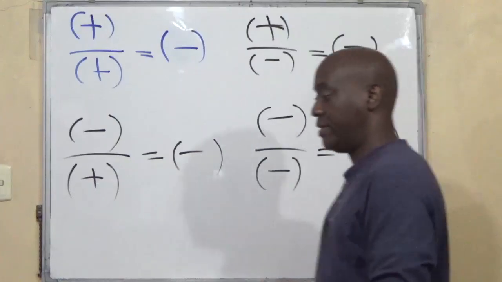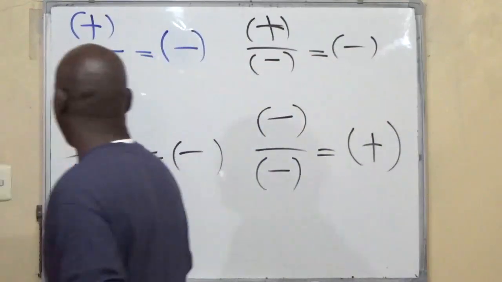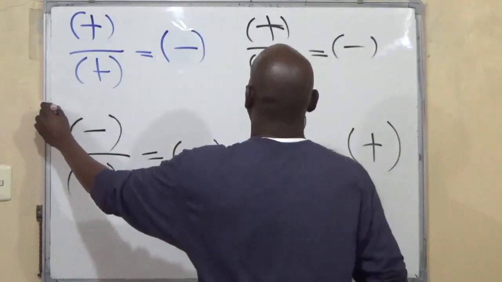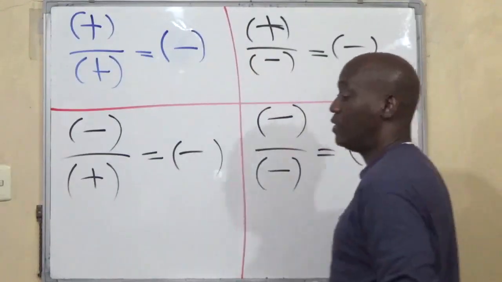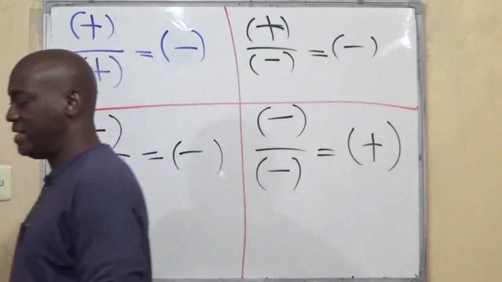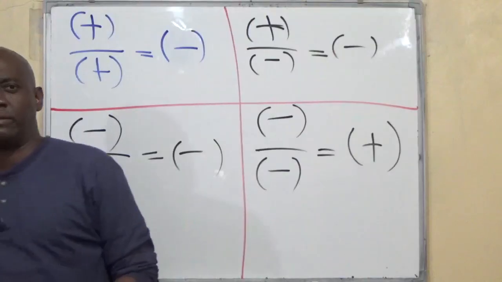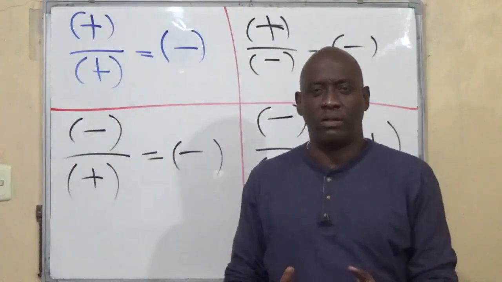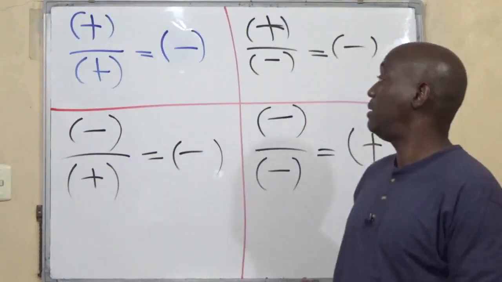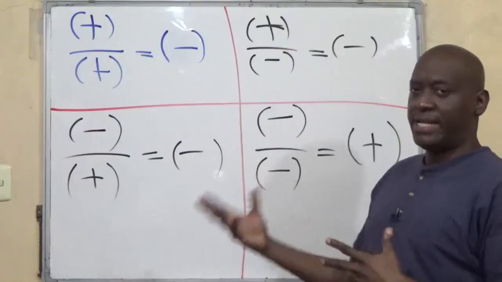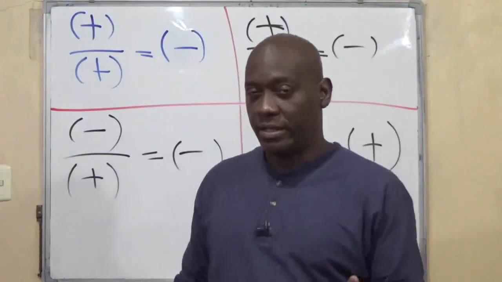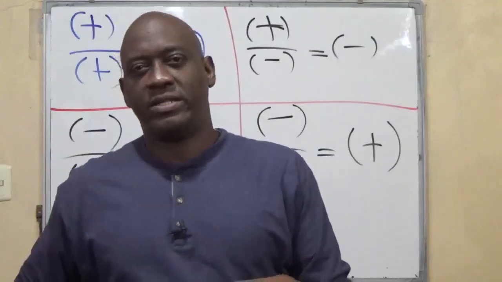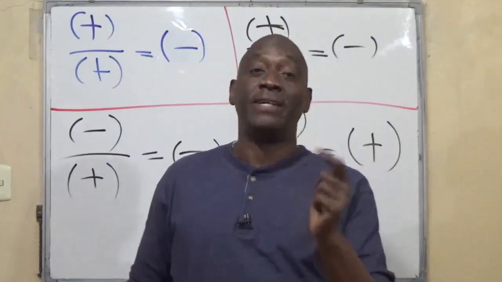So we can partition these rules. So just as was the case in multiplication, you have 4 combinations of positive and negative if you're dealing with two entities interacting with each other across the operation of division.